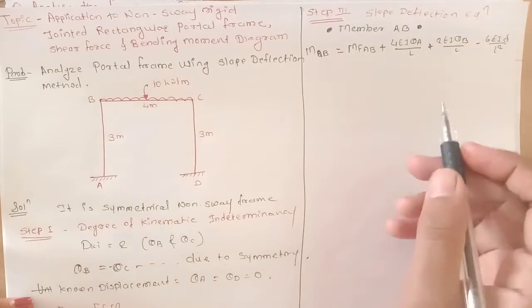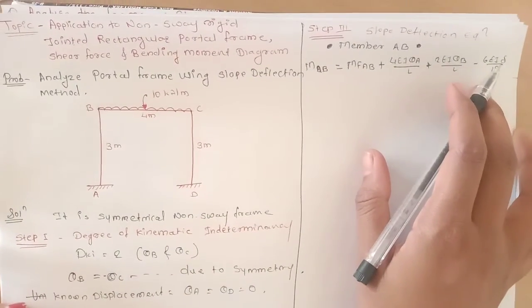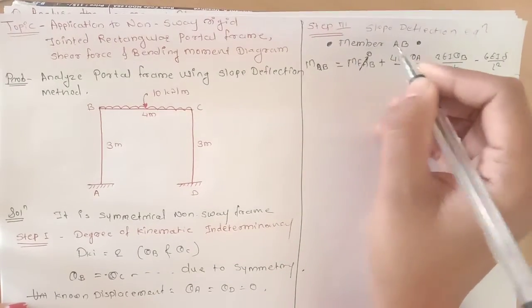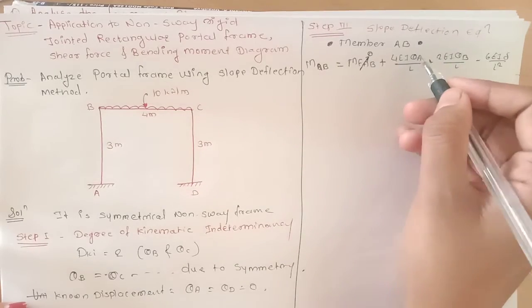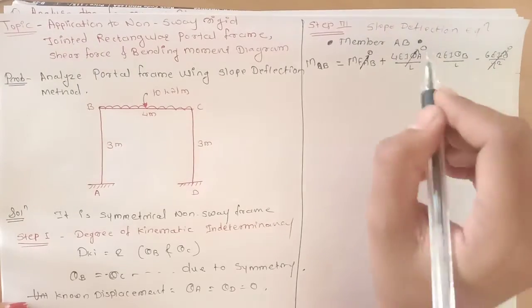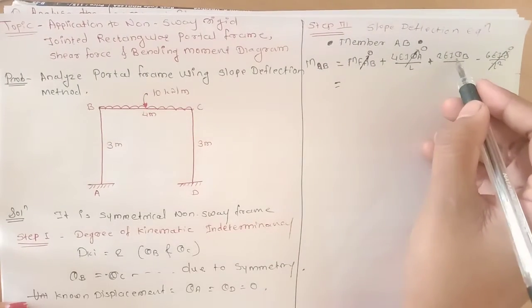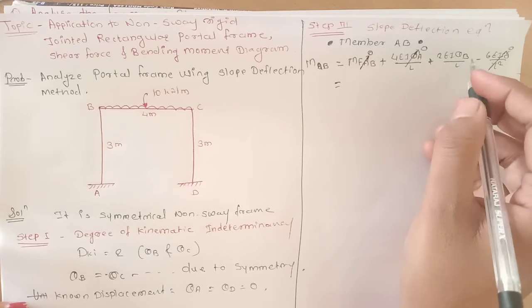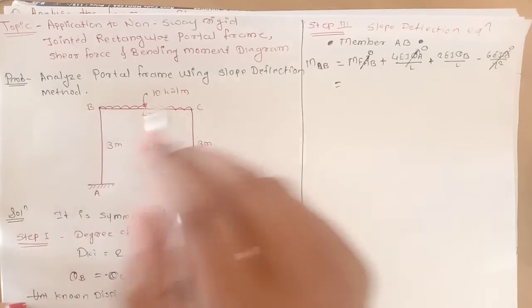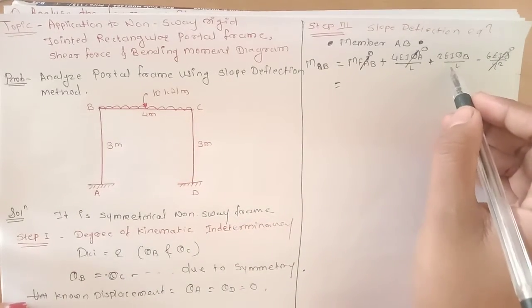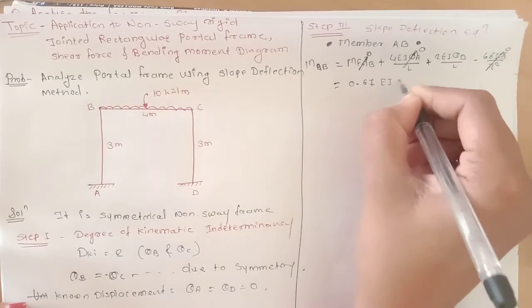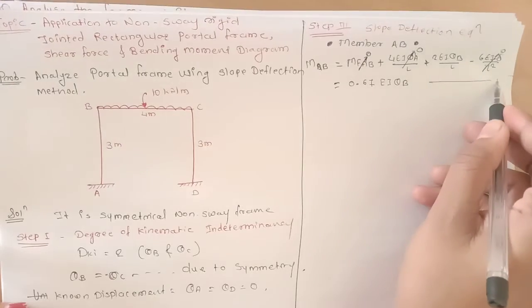We know that the fixed moment for member AB is equal to 0, so that term is 0. Theta A is 0 and the delta term is also 0. So remaining is 2EI theta B divided by L. Sorry, for the AB member the length is 3 meter. So 2 divided by 3 is 0.67 EI theta B. This is equation number first.